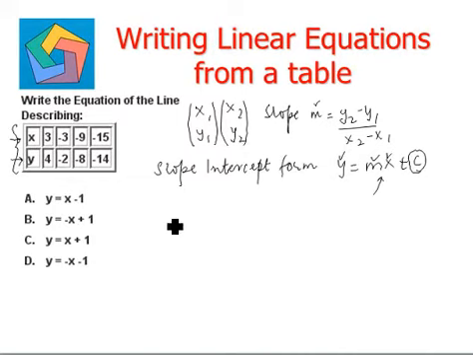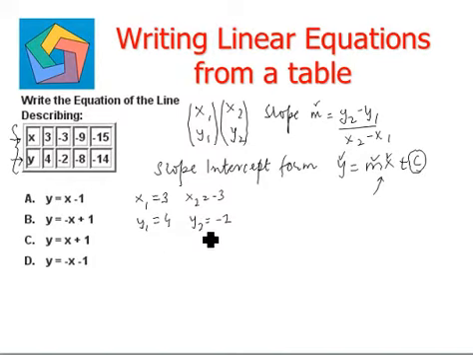So let's start off. In the first question we have x1, let's take 3, the first value of x, and y1 is 4. Now x2 is negative 3 and y2 is negative 2.